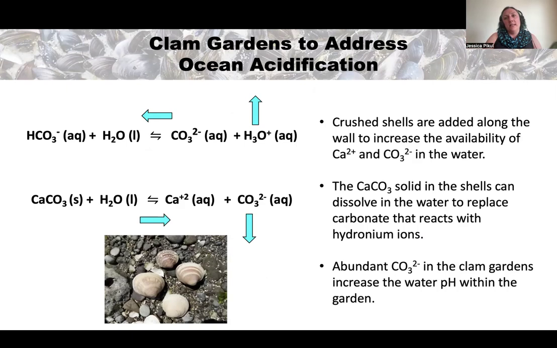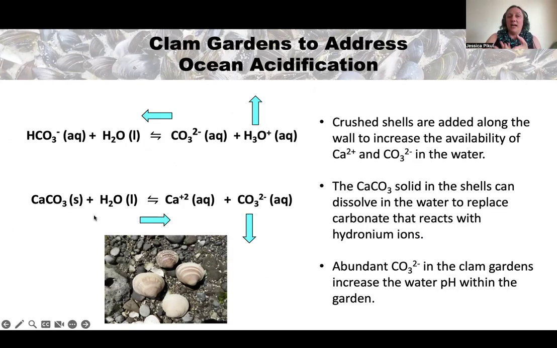And so when we see an increase in the hydronium ion concentration as our oceans acidify, and we see a shift in this bicarbonate dissociation equilibrium that would consume our carbonate ions, making them less accessible to shellfish that are growing.